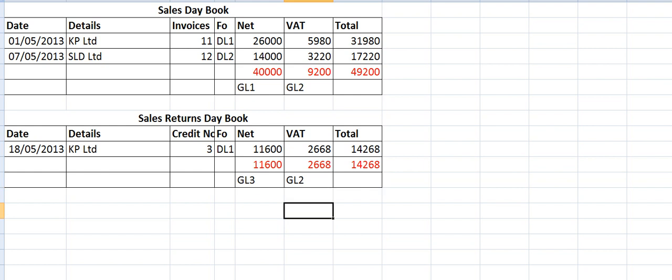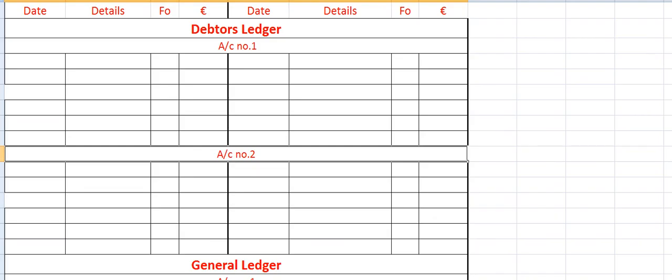Okay, we've entered these credit transactions. So we've sold now, get paid later. We've entered those in the sales book and sales returns book. The second bit of part A said post relevant figures from the books to the ledger accounts. So we're going to go to the ledger, and we're going to label it the debtors ledger.